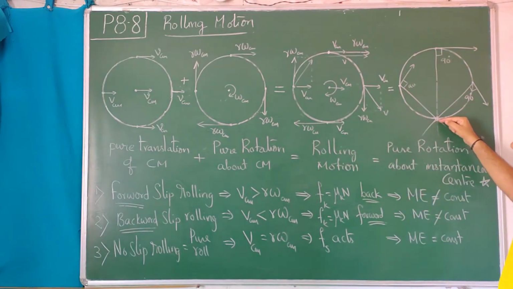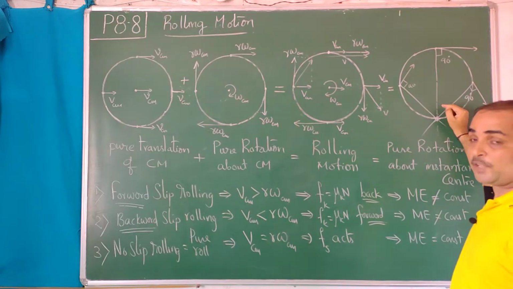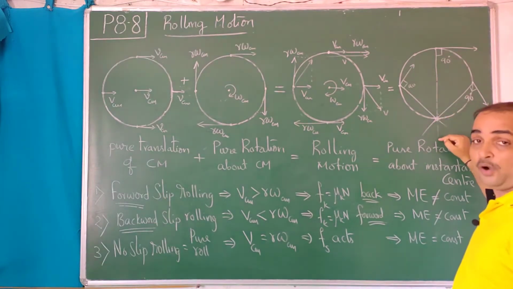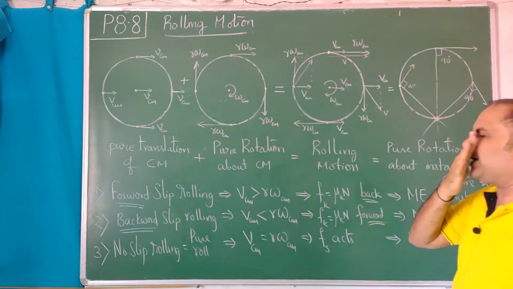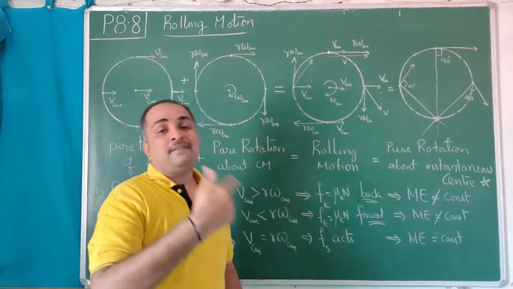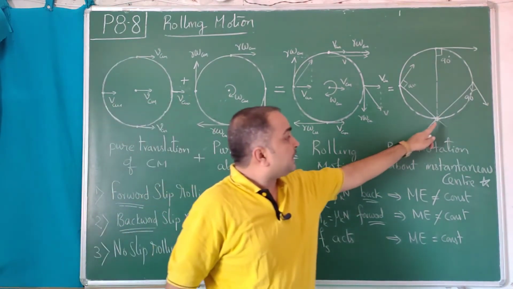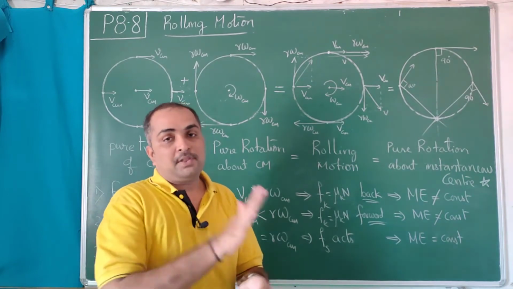So in forward slip rolling, the instantaneous center will be inside. In backward slip rolling, the instantaneous center will be outside the periphery of the wheel. In no slip rolling, you are lucky, and the instantaneous center will lie exactly at the point of contact of the wheel with the floor.